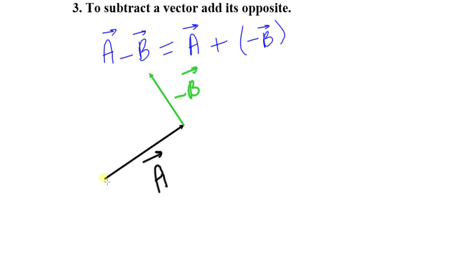So here we go. Alright? So all what we did here is changing the subtraction into addition and reversing the direction of the second vector.